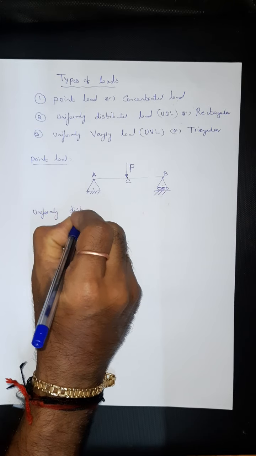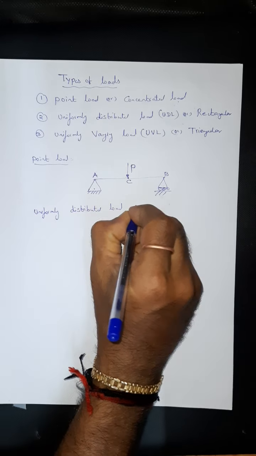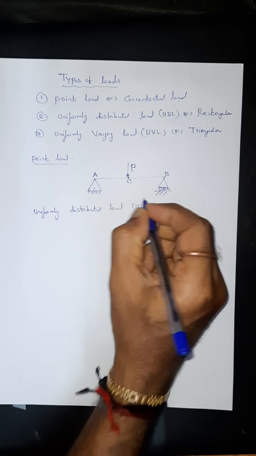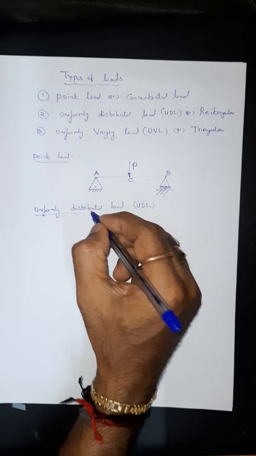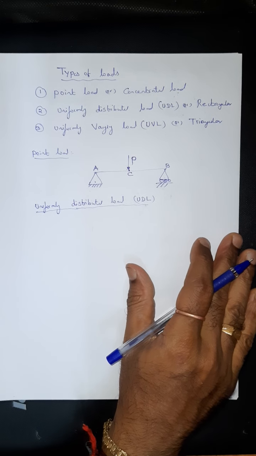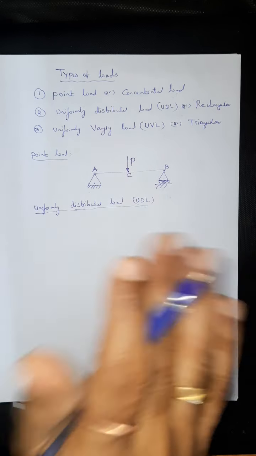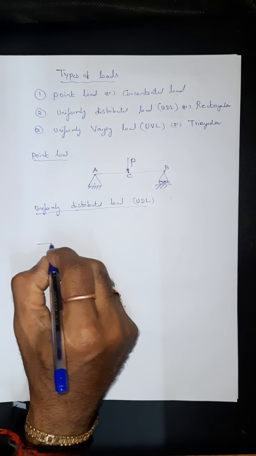So the next one is uniformly distributed load, UDL. Here, when the intensity of the load is constant over a considerable length, it is known as uniformly distributed load. Let me draw a beam.